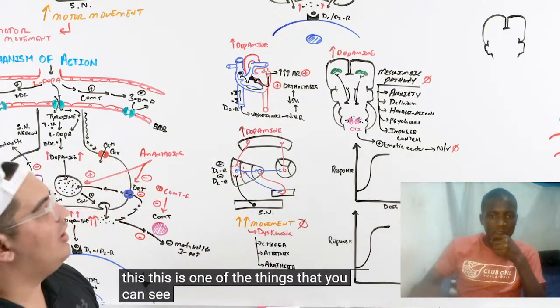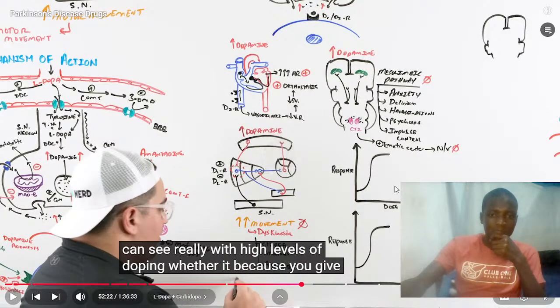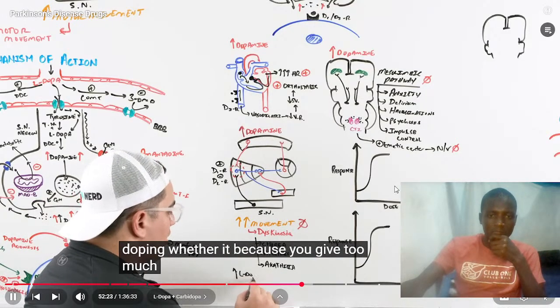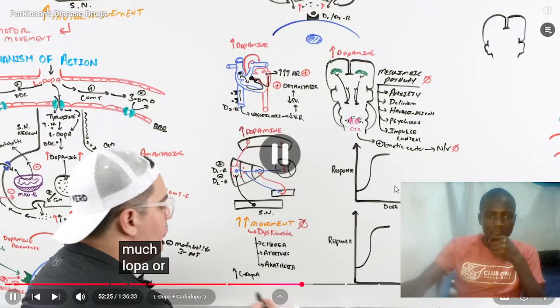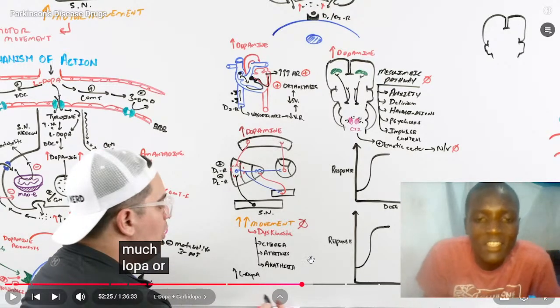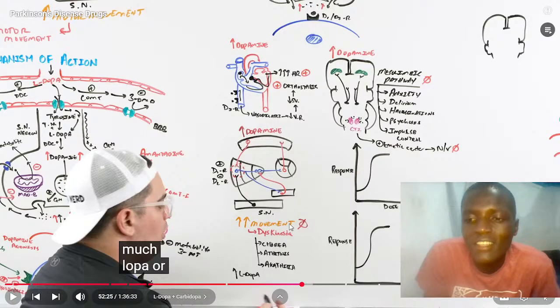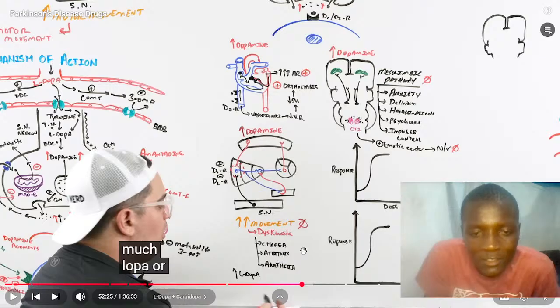This is one of the things that you can see with high levels of dopamine, whether because you give too much L-dopa, or a combination of L-dopa with an MAO inhibitor, because of all these adverse reactions: chorea, athetosis, akathisia, dyskinesia.